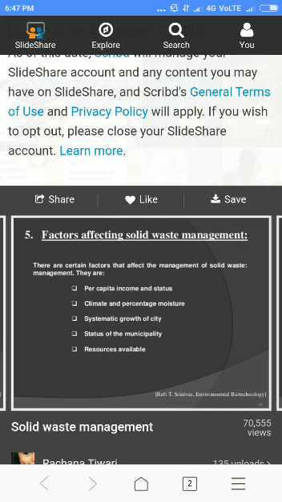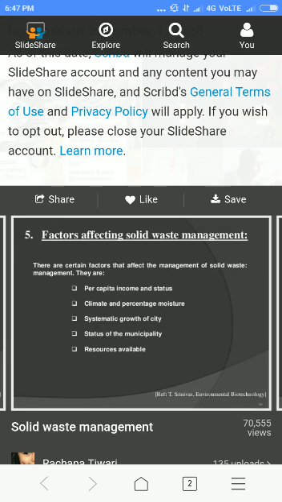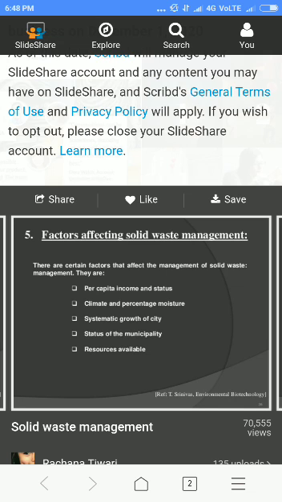And various governments at national as well as international level create various types of policies for this solid waste management practice, which especially include various types of acts as well as rules, especially the Environmental Protection Act in 1986. Second one is the Hazardous Waste Rule in 1989, Biochemical Waste Rule in 1998, Municipal Solid Waste Rule in 2000.